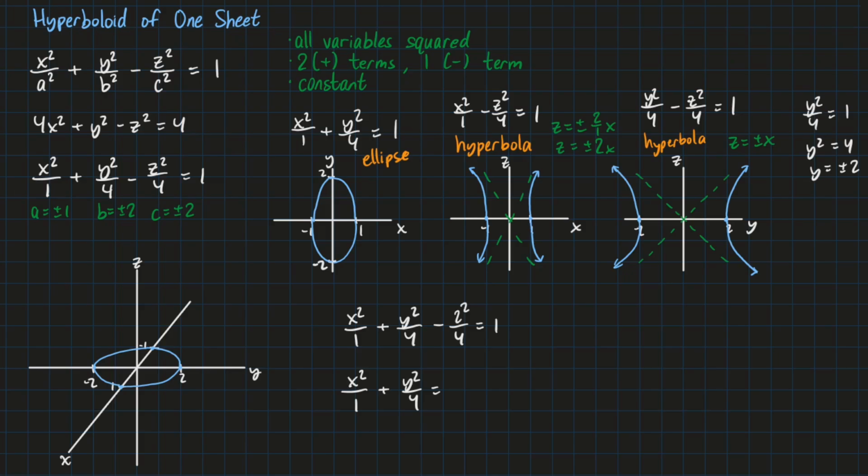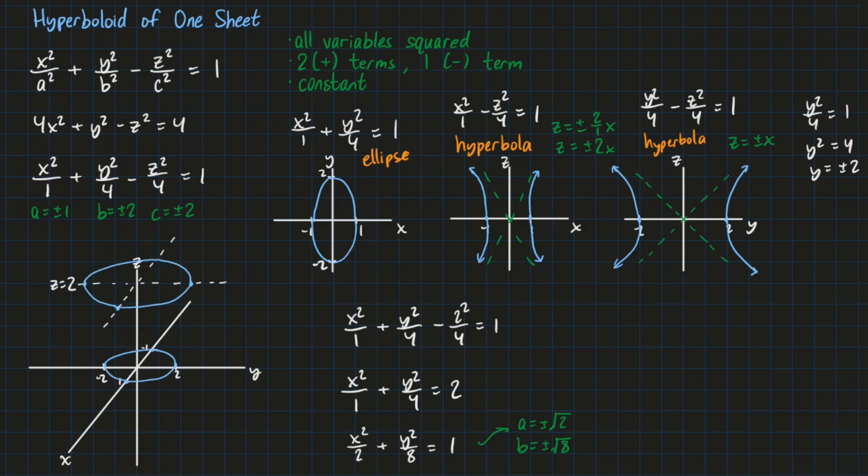So if we add 1 to the other side, we'll have a 2. Then we can divide everything by 2 to get it in standard form. So at z equals 2, I'm just going to scale largely on the z-axis since it's easier to space it apart. From this equation, a equals plus or minus radical 2 and b equals plus or minus radical 8.